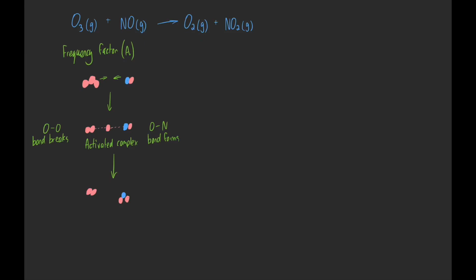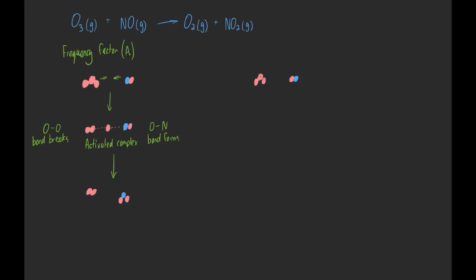So if these molecules were to come together in a different orientation, then we wouldn't actually see a reaction. So if, for example, we had our ozone molecule configured in the same way, and we had now our NO molecule approaching from the other side.